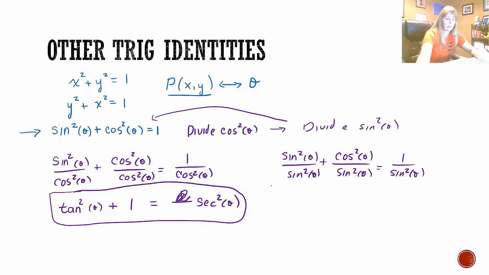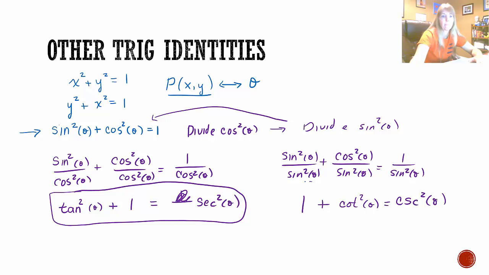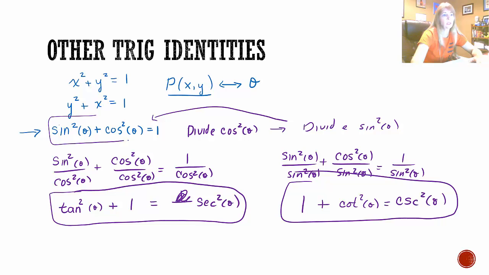Again, sine over sine is 1. Cosine over sine is cotangent, but again, this is squared. And then the reciprocal identity of 1 over sine is cosecant. So these are some very nice identities, especially sine squared plus cosine squared equals 1, that you're going to use a lot in this course.